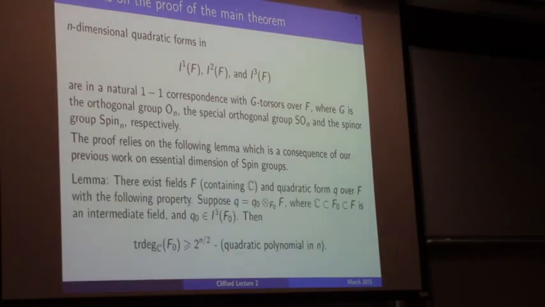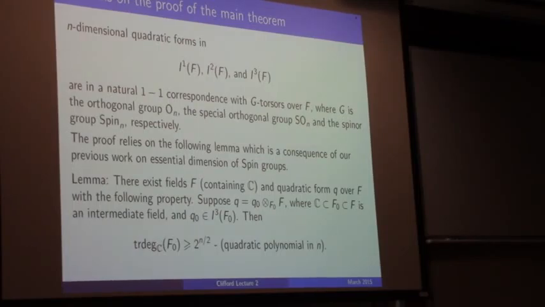So there exists a field F containing C and a quadratic form Q over F with the following property. Let's say that Q descends to some subfield F naught of F, where F naught is an intermediate field between the complex numbers and F. And most importantly, Q naught is also in I3.